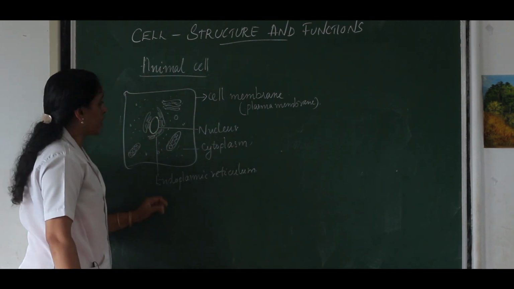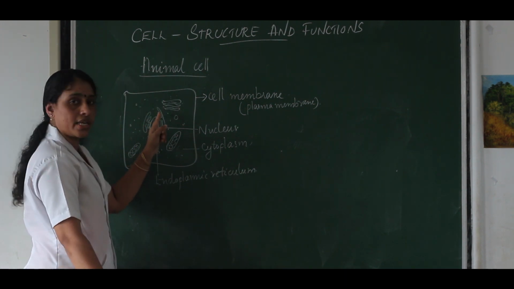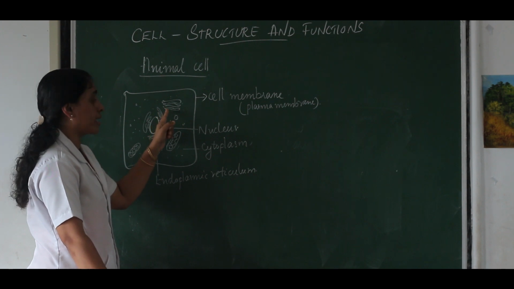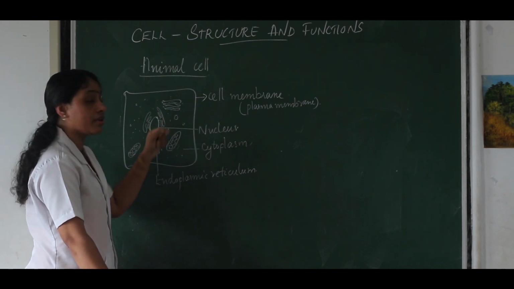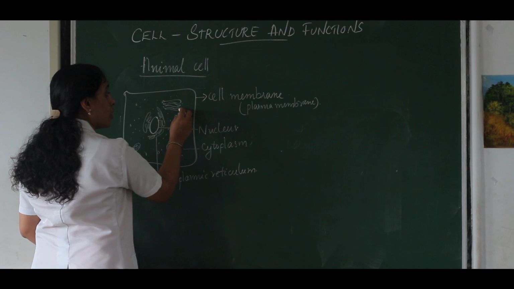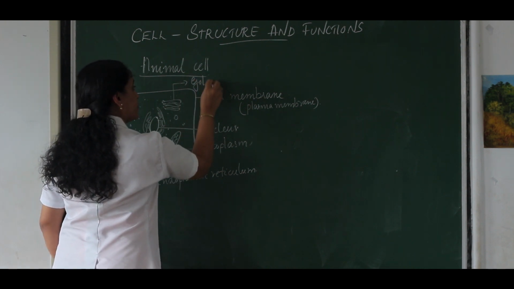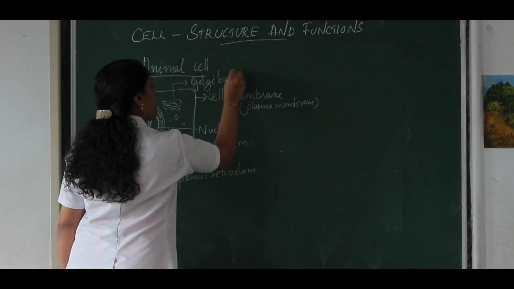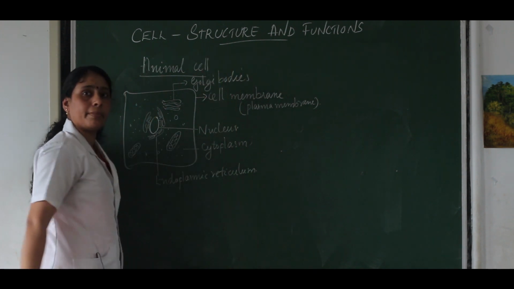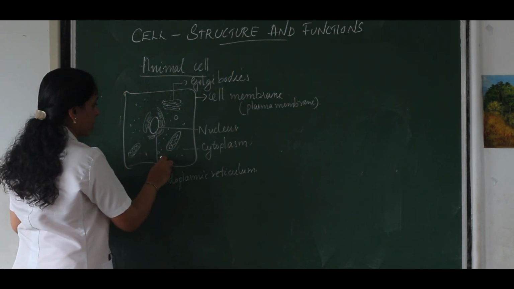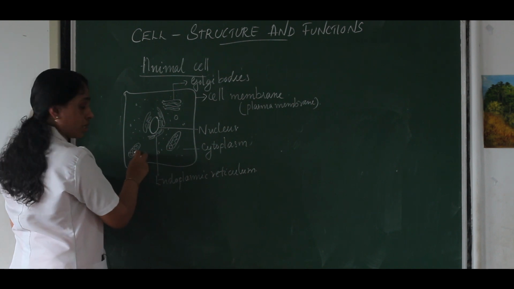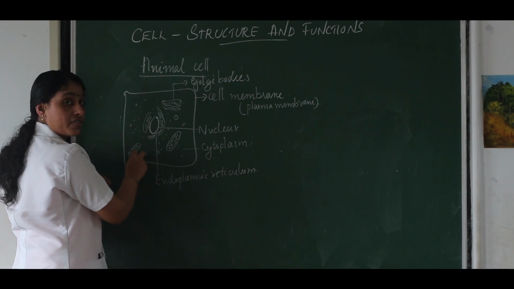Endoplasmic reticulum. And near to this endoplasmic reticulum, you can see another cell organelle. It is called Golgi bodies or Golgi apparatus. Later you can see another double membraned cell organelle.